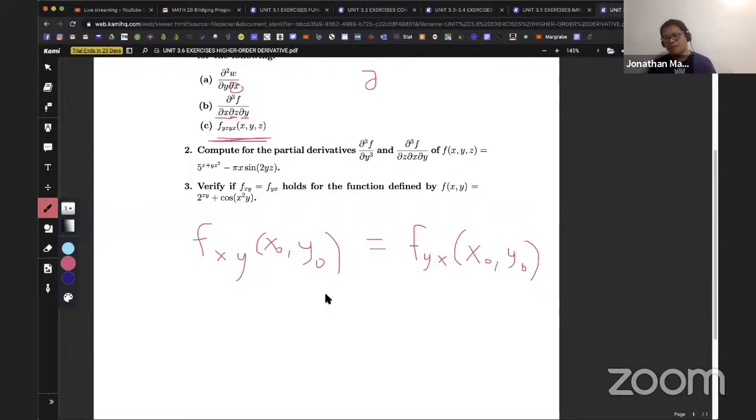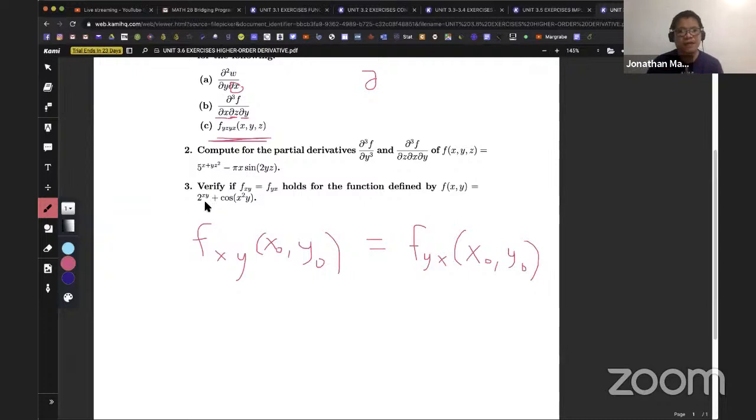Okay? Again, if your function is continuous on its domain, kahit ano pa yung ipalit mo na value ni x and y dun sa partial derivative, okay, f sub xy will always be equal to f sub yx. Okay? And you can also do that in this third exercise.